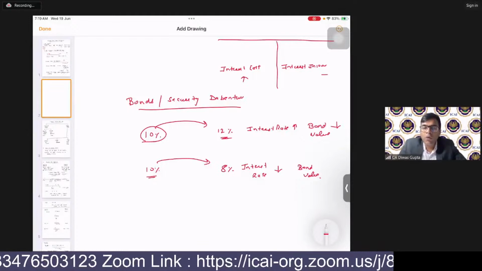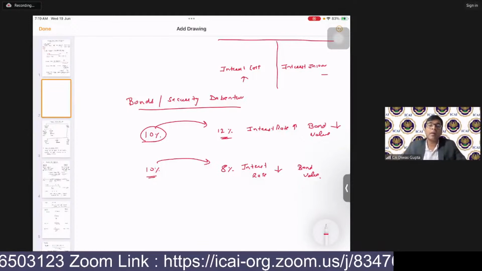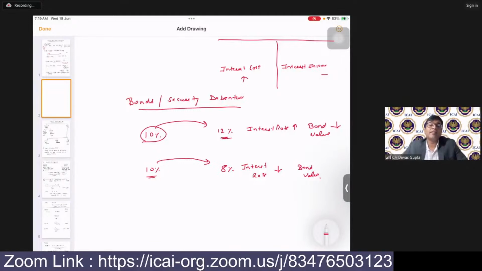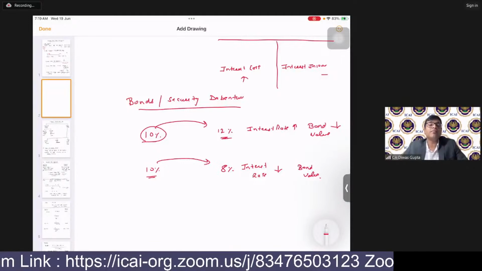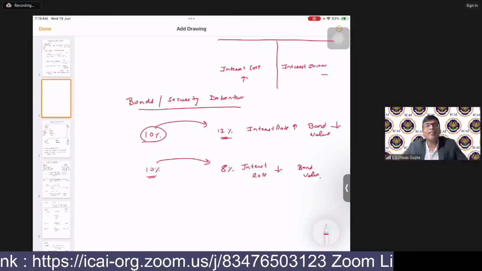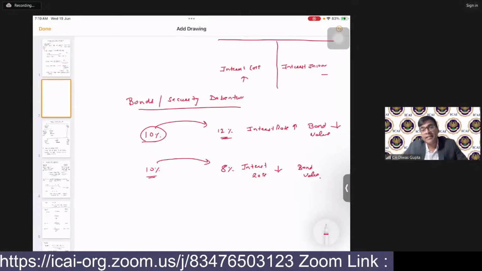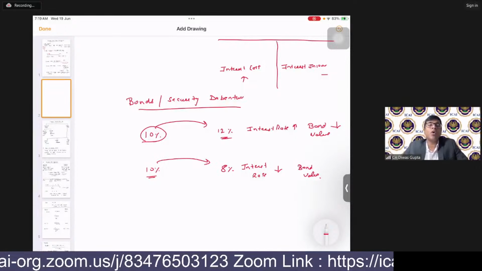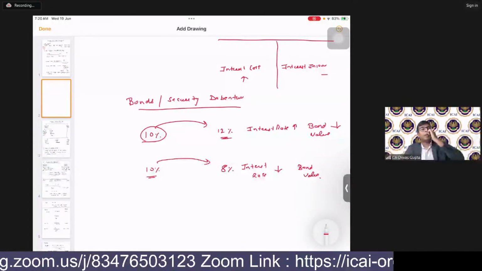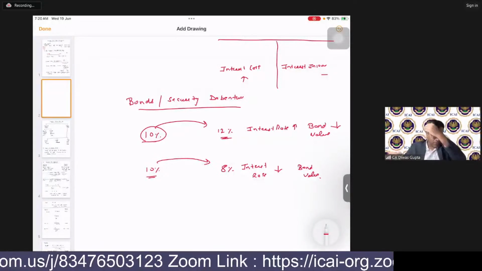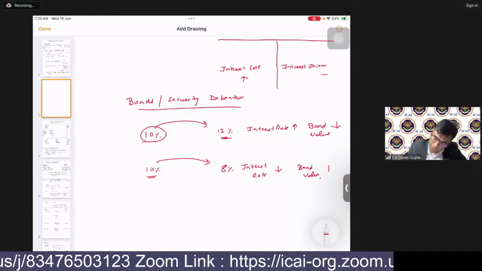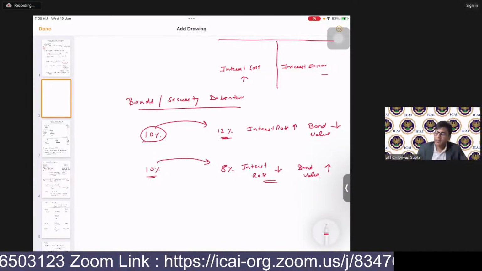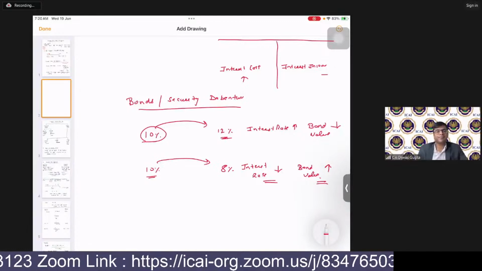Now, the moment tomorrow market interest rate comes down to 8%, do you think the investors will increase the demand of these bonds? Yes, because they will say, now the bond is giving us 10%, market is giving us 8%. So we should quickly invest in the bonds. So the demand will go up. The moment demand will go up, the price of the bond will also go up.